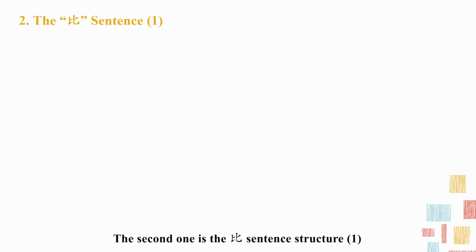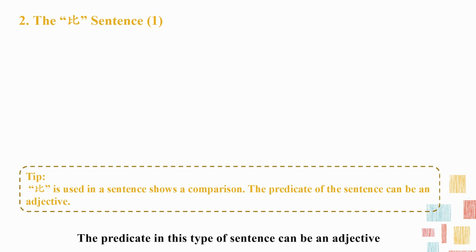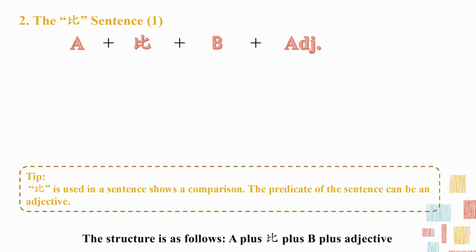The second one is the 比 sentence structure. A sentence that uses 比 to express comparison is called a 比 sentence. The predicate in this type of sentence can be an adjective. The structure is as follows: A plus 比 plus B plus adjective.